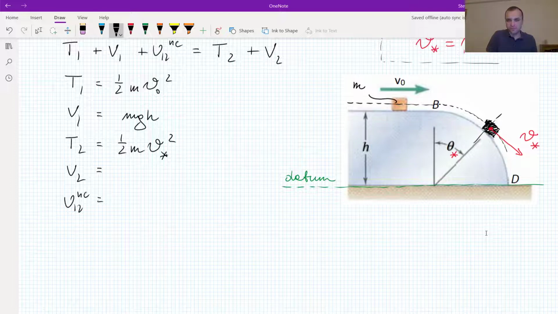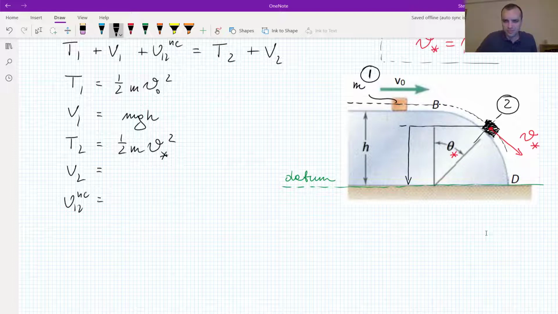Because at configuration 1, which is this configuration, our elevation is h, and at configuration 2, which is this configuration, this is our elevation. And this elevation is exactly h cosine theta star.